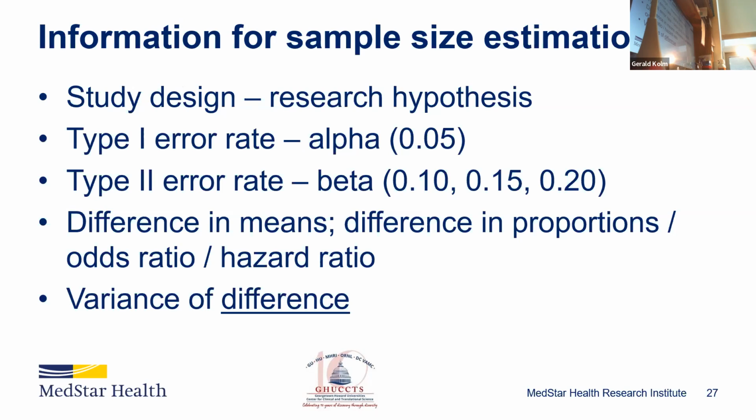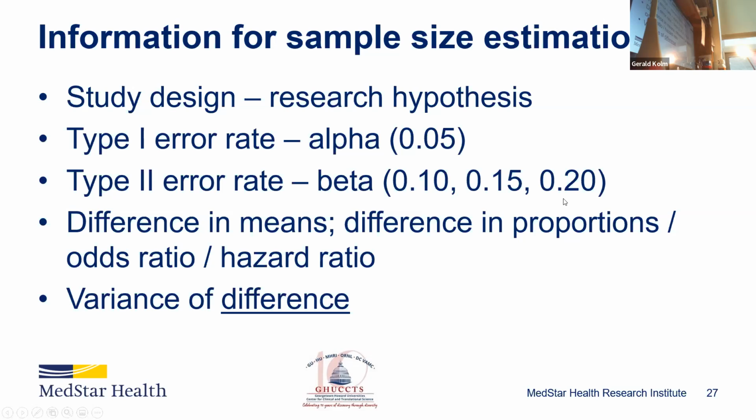Then we also are going to need to know the type 1 and type 2 error rates. Now, the type 1 error rate, 0.05, is the standard that's used almost universally in any kind of study. The type 2 error rate, however, can vary.